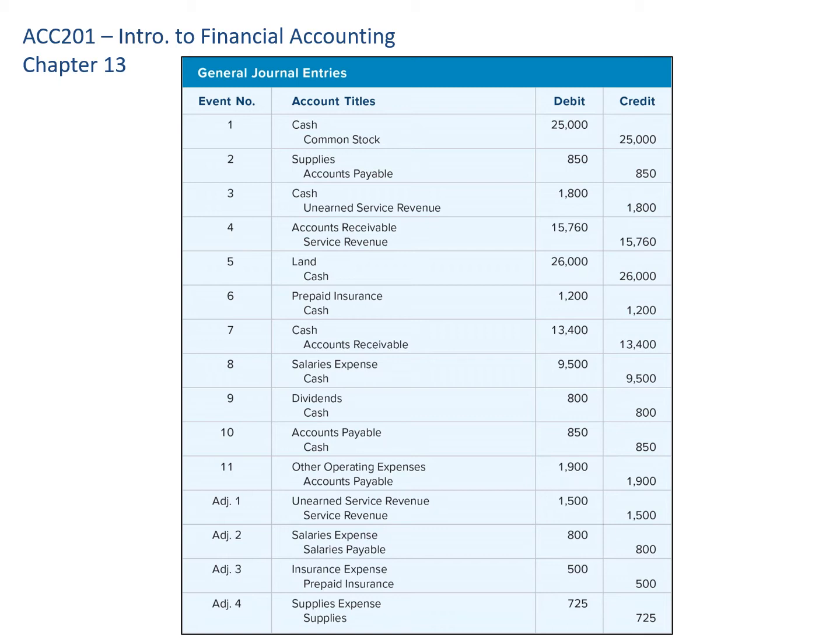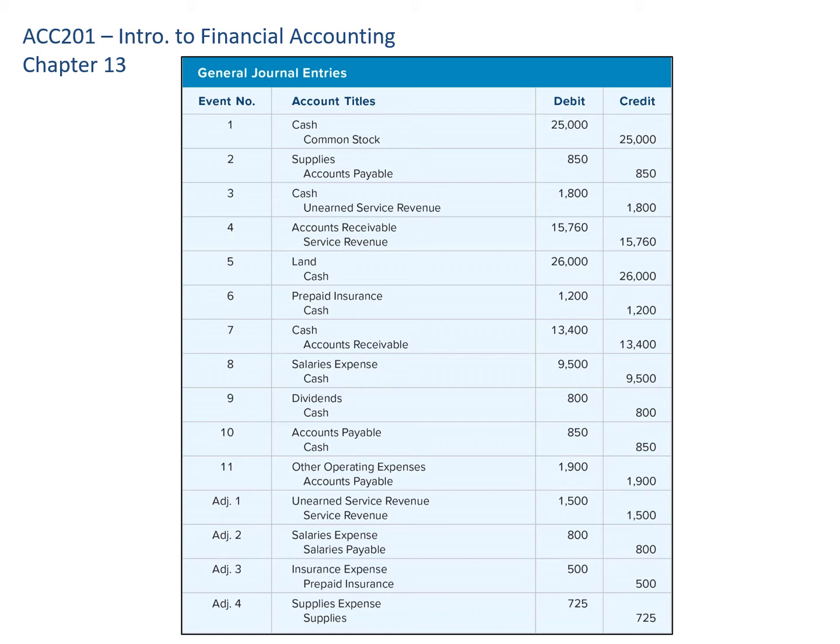So in this case, I have an asset that's going up, cash. I'll record that with a debit. And I have a liability that's increasing, unearned sales revenue, that I increase with a credit. Remember, I owe that money back to the customer until I satisfy their requirements, provide the service for them.